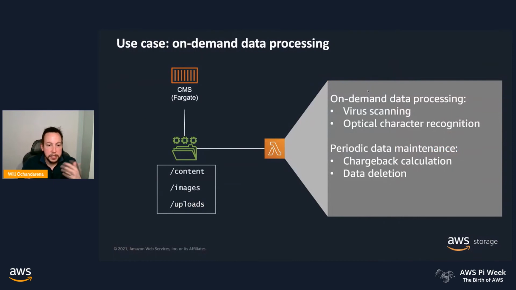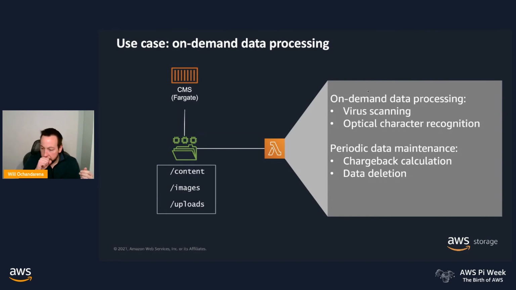And the last thing, and this is kind of a general category, is a lot of customers are looking to use on-demand Lambda functions as a way to do other miscellaneous file operations on a file system that's being used for something else. So imagine, for example, that you have a content management system using EFS.